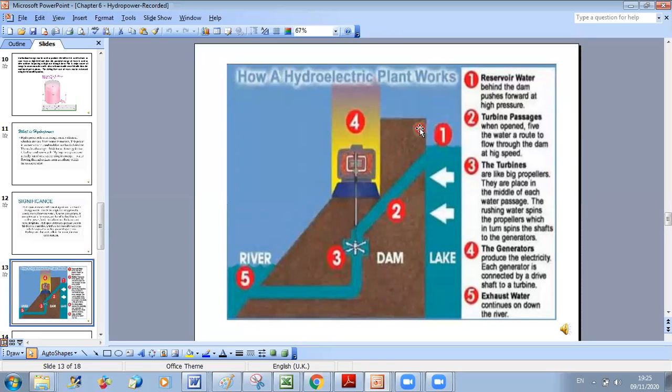And then we can have here a certain valve that can open or close the passage of water. So when we don't want electricity, we close it, and water is stored here in the dam. So it will store energy in the form of potential energy. The higher the level of water compared to the turbine level, the higher the potential energy.